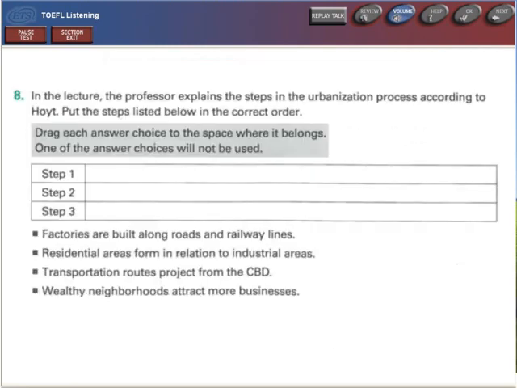In the lecture, the professor explains the steps in the urbanization process according to Hoyt. Put the steps listed below in the correct order.